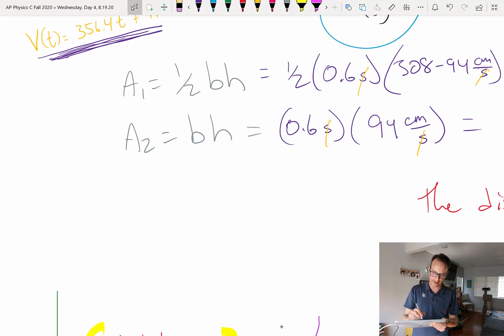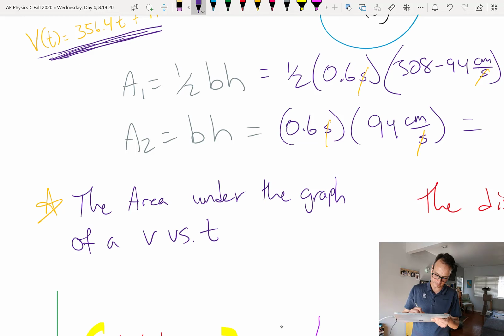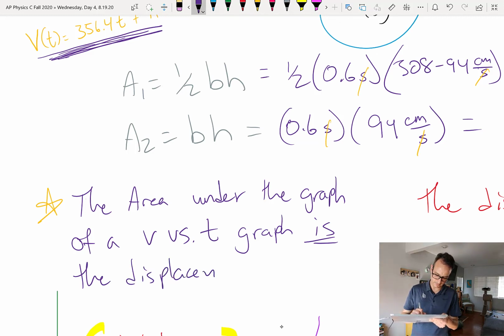So let's write that down really quickly. The area under the graph of a velocity versus time graph is the displacement of an object.